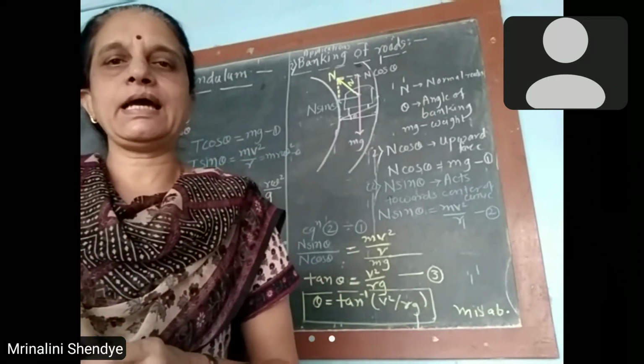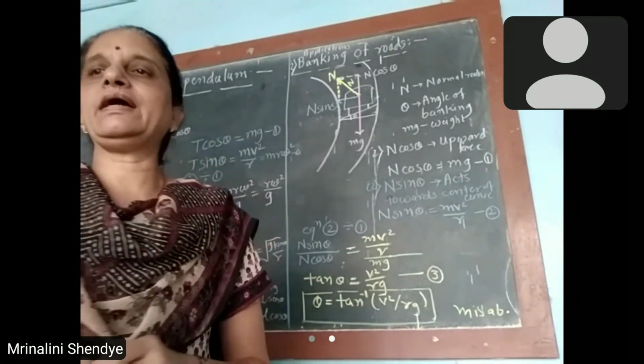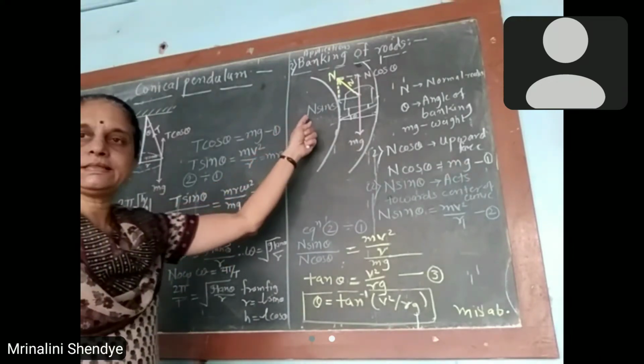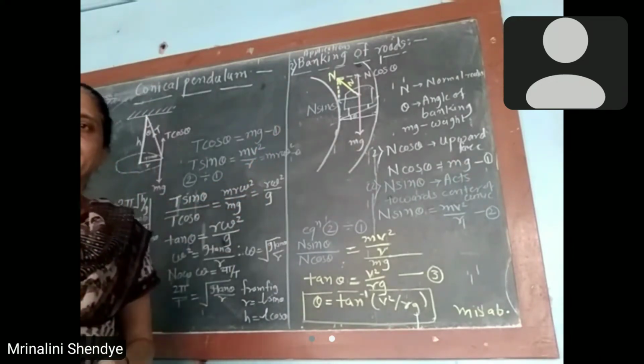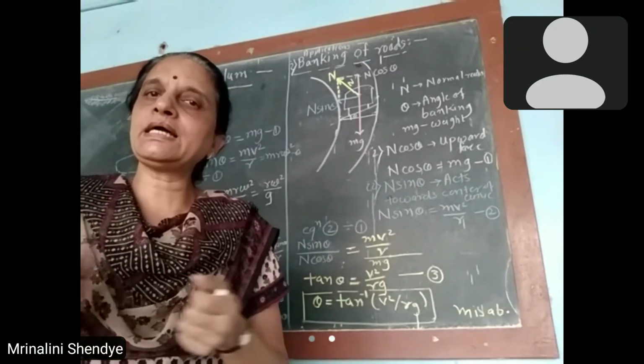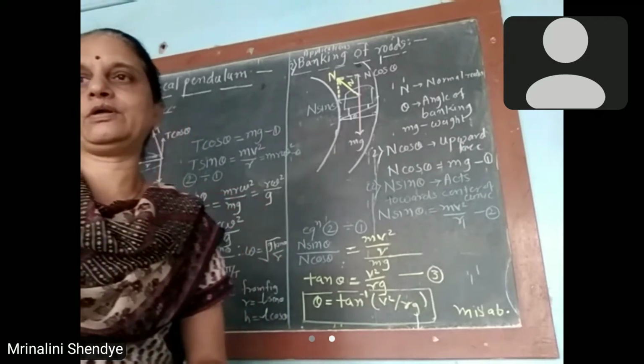And that's why we have seen that one of the forces which is acted towards the center is also called the centripetal force. These are some of the revision points we have already studied.